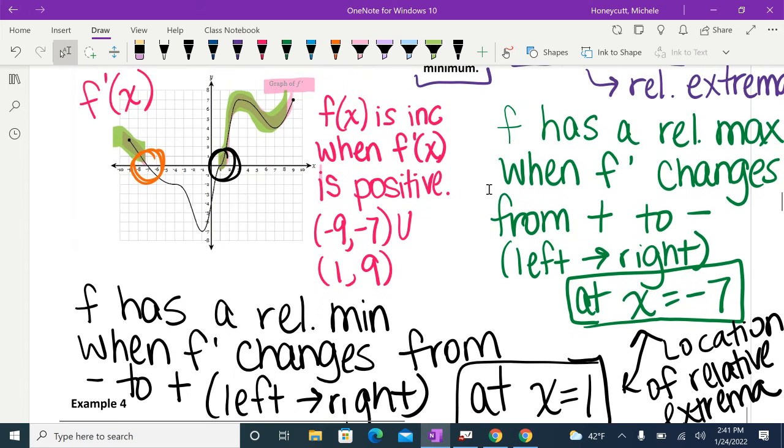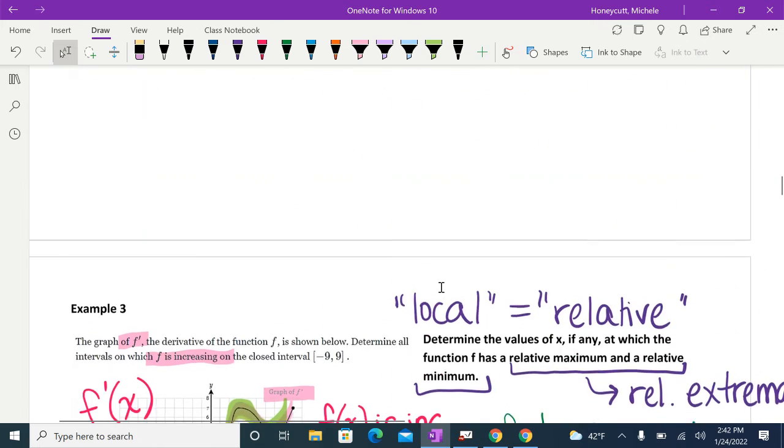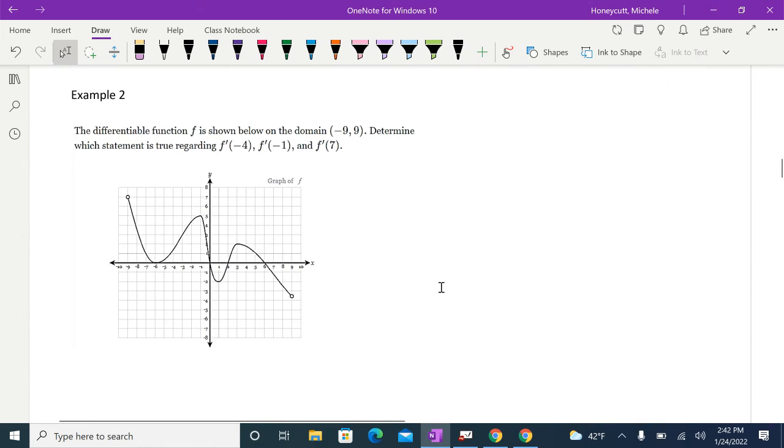The other thing they'll have an example for is very similar to example 3. The other thing they'll have you do is compare values. So notice on example 2, you're given the graph of f, but then they ask you about f prime of -4, f prime of -1, and f prime of 7.